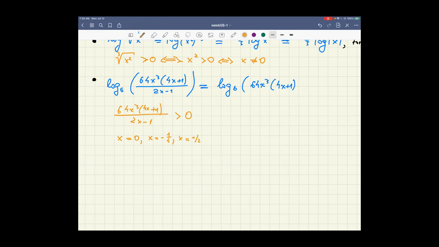So when we draw the real axis, we need to draw 0, negative 1/4, and 1/2. And again, for x to the right of 1/2, we have this expression positive, and then the sign alternates. So x is either greater than 1/2 or in between negative 1/4 and 0.